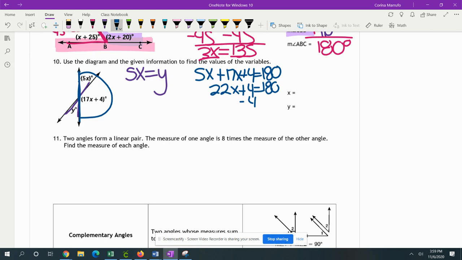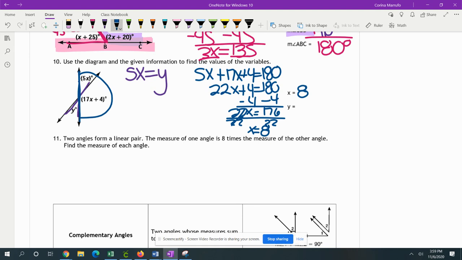We subtract the 4 on both sides, and we get 22x equals 176. We divide by 22. This cancels. X equals 176 divided by 22 is 8. So here, x is equal to 8.